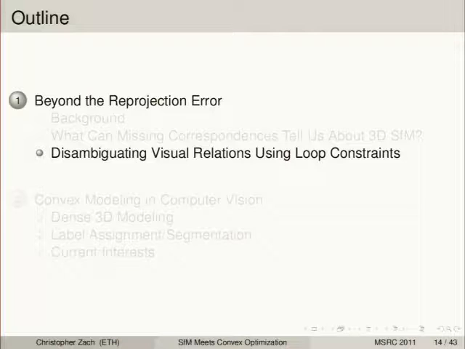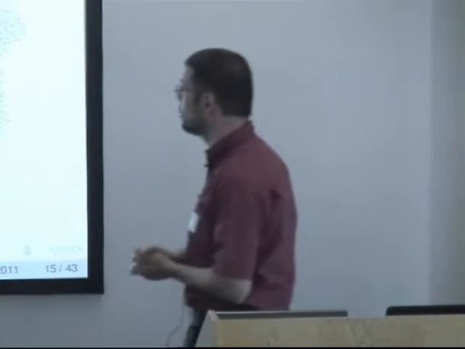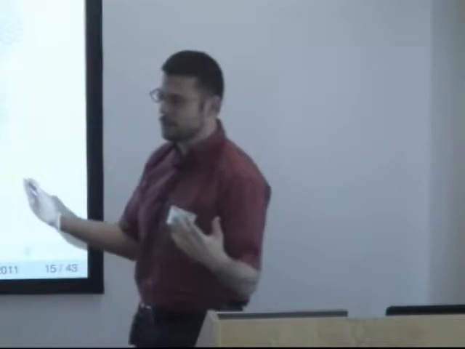Some of these shortcomings led me to keep thinking about this, and a very complementary approach is this one, where the motivation is somewhat different, although it addresses a similar problem. For example, you have a data set where someone walked around a block in a city and took images, and of course you have similar facades and repeating patterns, so you might end up with incorrect pairwise relations between images as before.